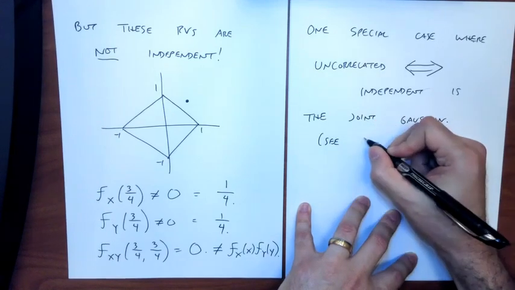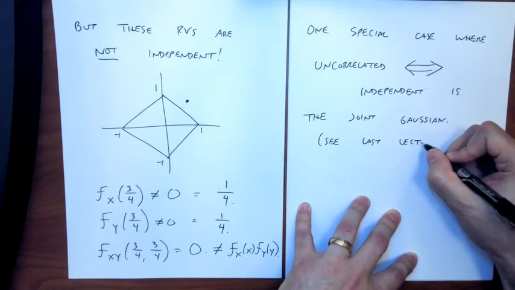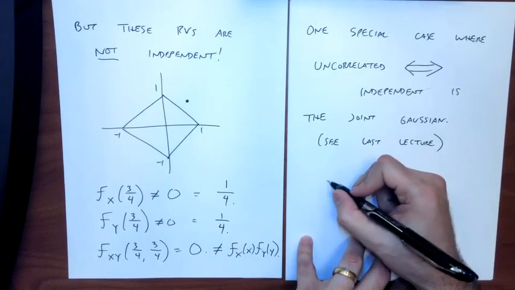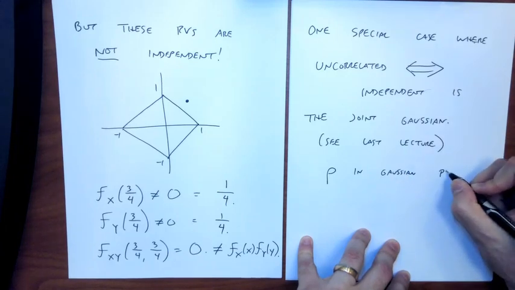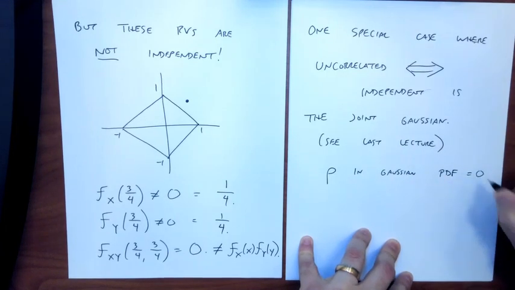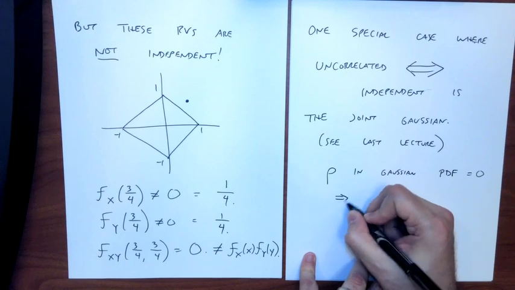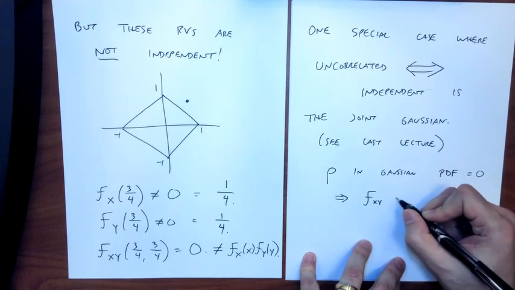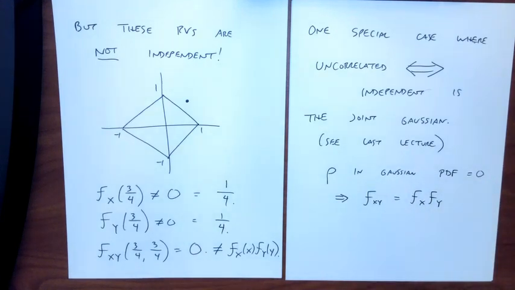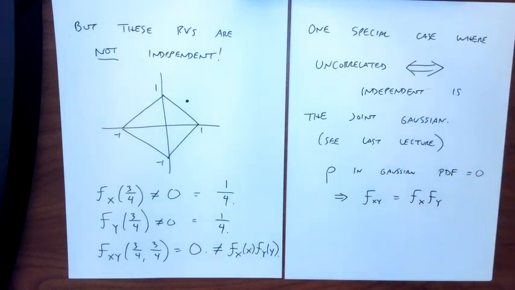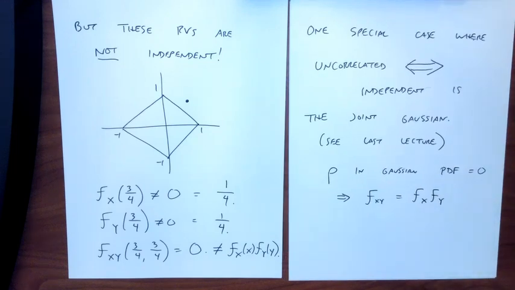And we actually showed that in the last lecture, because I remember we said that if the rho in the Gaussian PDF was equal to 0, the joint Gaussian split apart into two Gaussians multiplied together, and vice versa. But this is certainly only true in the case of Gaussians. It's not generically true, as I showed in the left half there. Okay.